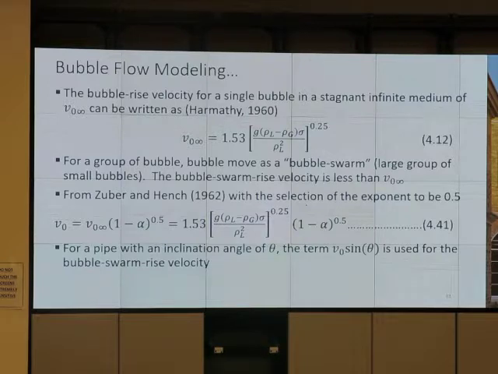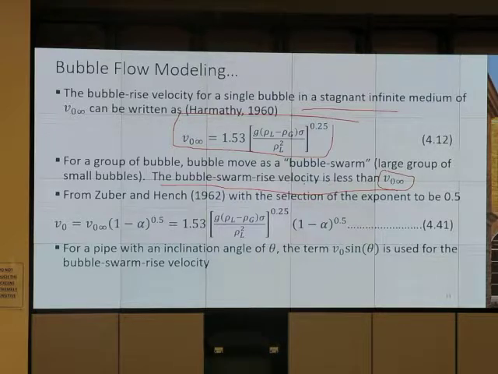Bubble rise velocity for bubble flow, we have that. That is for one bubble. But for a group of bubbles, we use the bubble swarm velocity. Bubble swarm rise velocity is somewhat less than V0 infinity.